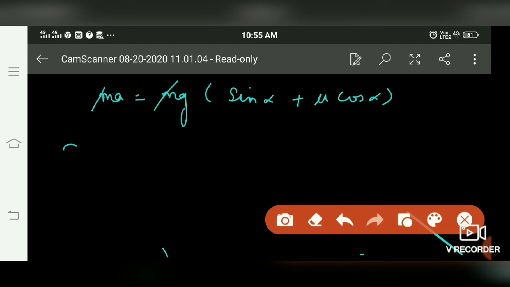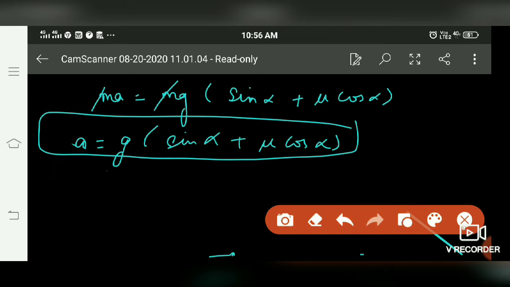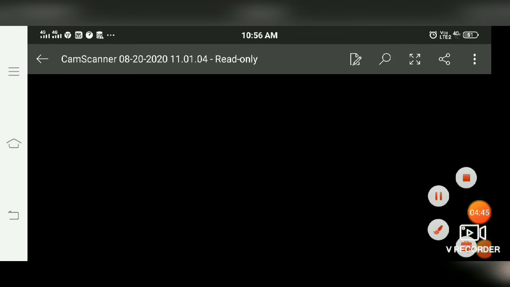So the acceleration in case of a body moving upward on the inclined plane will be a equals g times sin alpha plus mu cos alpha. This is the case of acceleration, and for work done we know that the formula is force, that is mass into acceleration, into distance. So substituting the value of a, we will get the work done in case of a body moving up an inclined plane.